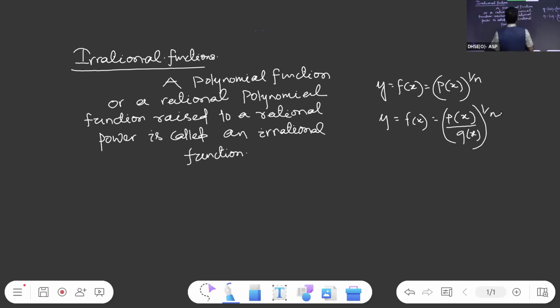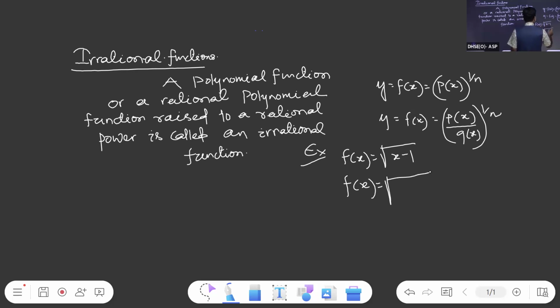For example, f of x is equal to under root x minus 1 is an irrational function. f of x is equal to under root 2x plus 3 upon 3x minus 1 is an irrational function, or f of x is equal to under root x square minus 5x plus 6. This is an irrational function. These are the examples of irrational functions.